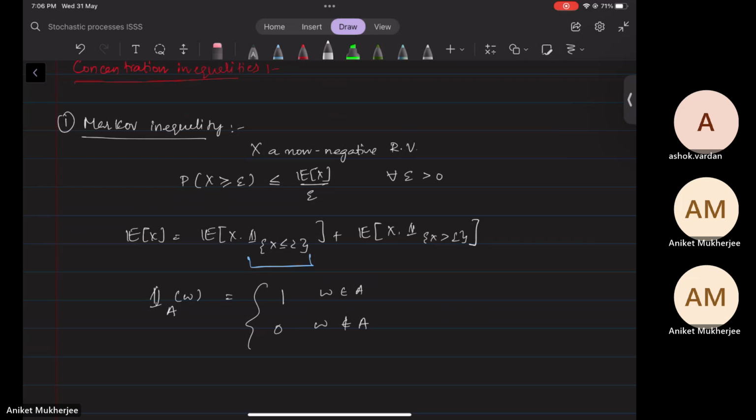If you get an outcome in which the event is there, then you get a 1. If you get an outcome where the event is not there, then you get a 0.